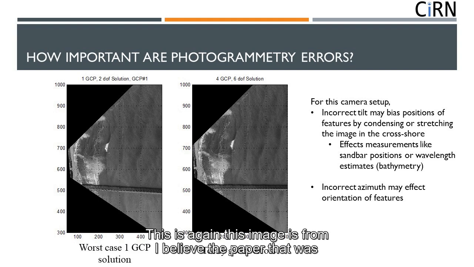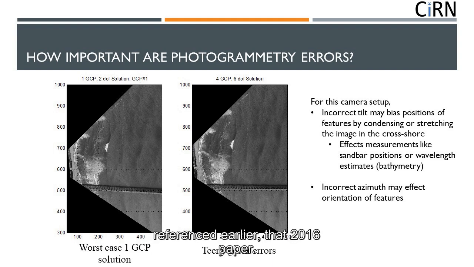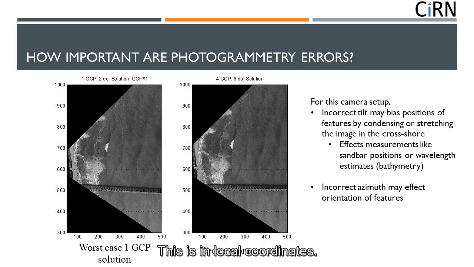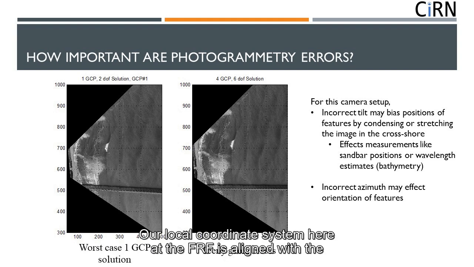So this is just an example. Again, this image is from, I believe, the 2016 paper that was referenced earlier. On the left is what we're calling the 6 degree of freedom solution, where we're using 4-fold GCPs. This is taken here at the FRF, in local coordinates. Our local coordinate system here at the FRF is aligned with the FRF pier.